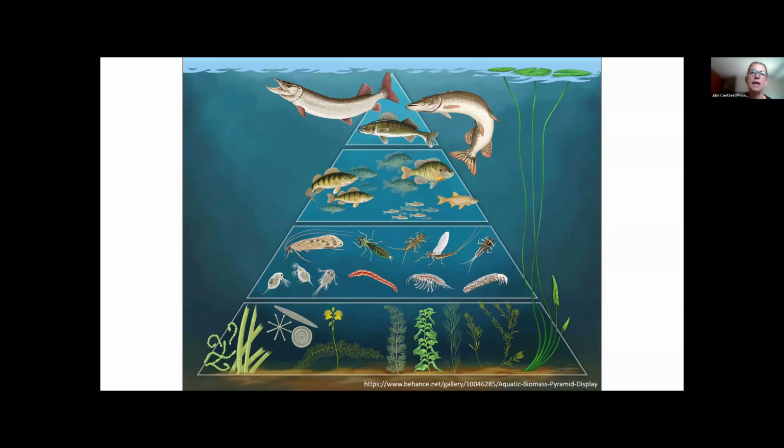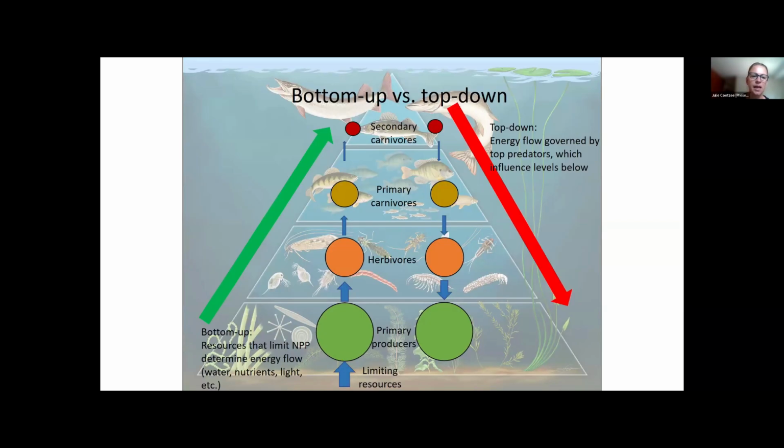And we can look at two different ways that energy flows in these systems. So we can look at bottom-up energy flow or regulation, or we can look at top-down. If we first have a look at bottom-up, what's driving that ecosystem are limiting resources. In an aquatic ecosystem, we'd be looking at the amount of water, which is generally not limiting.